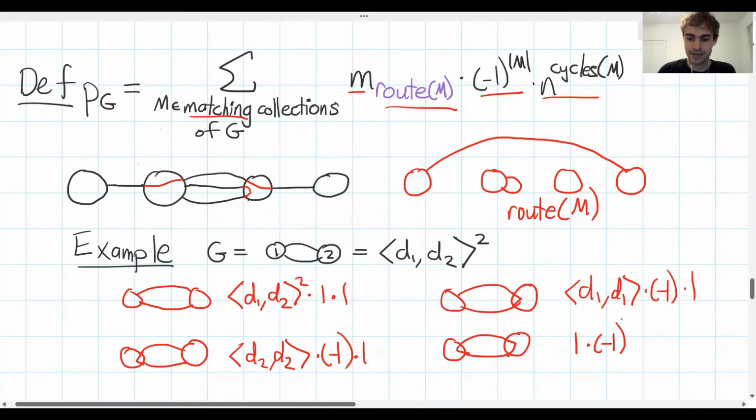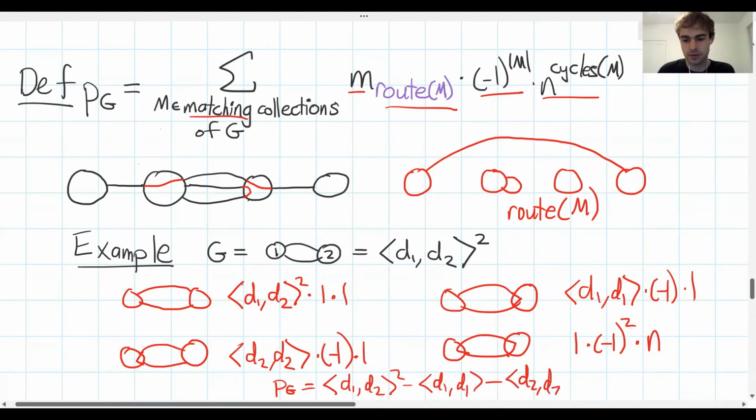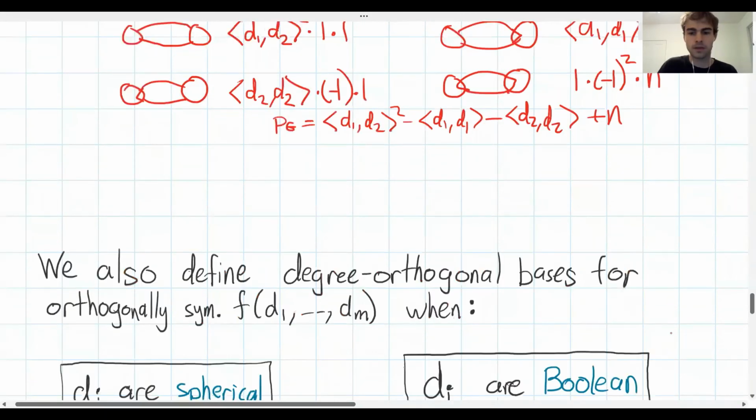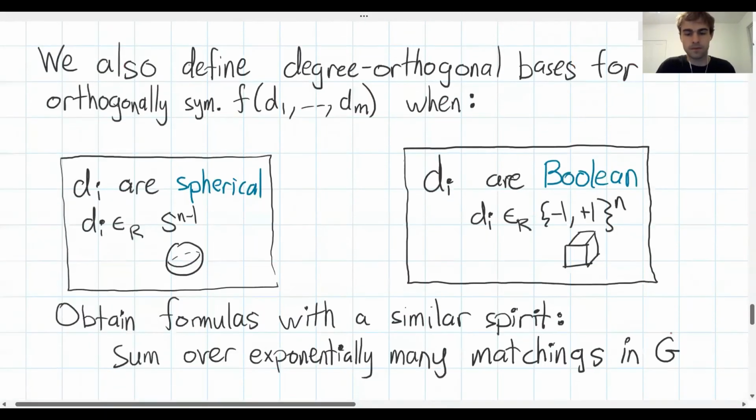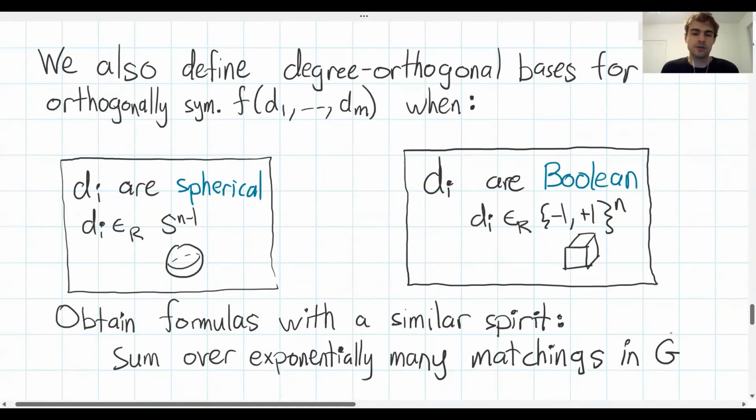The sign is (-1) squared, and the number of cycles is 1, so we get a factor of n. So overall, the orthogonal polynomial for this graph is d1, d2 squared minus d1, d1 minus d2, d2 plus n.